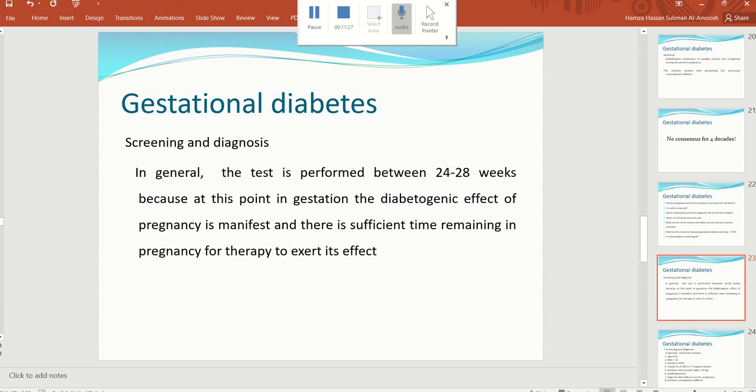So the best time to screen for it is between 24 and 28 weeks, because at this point the diabetogenic effect of pregnancy is manifested, and from this period until delivery, until 40 weeks, we have enough time to control the situation to avoid complication. So the best time to screen is between 24 and 28 weeks.